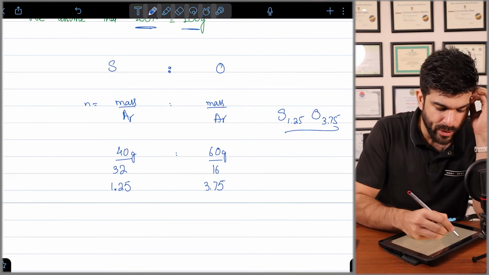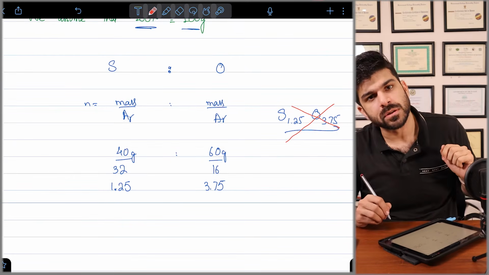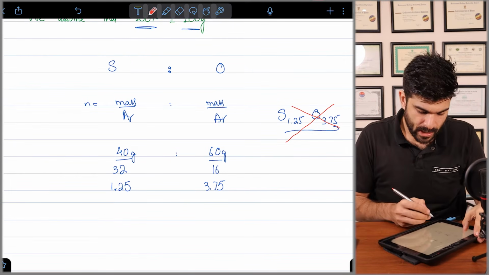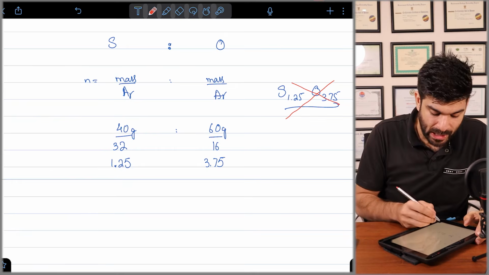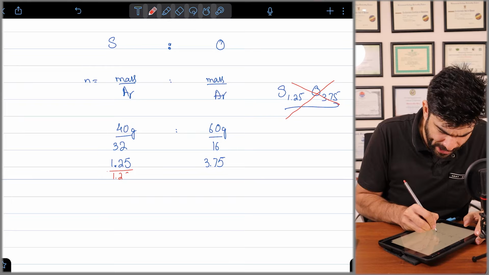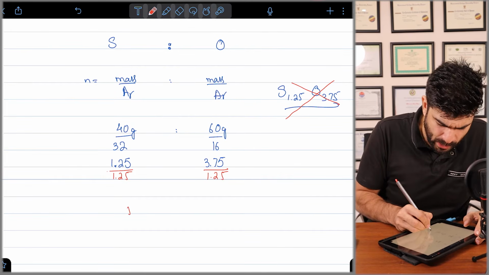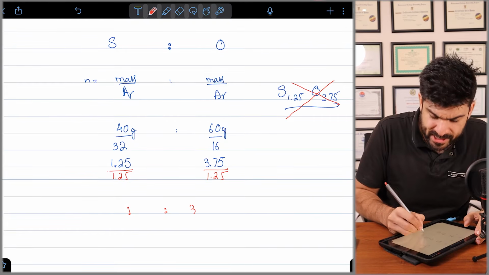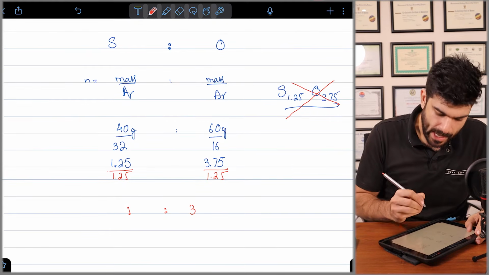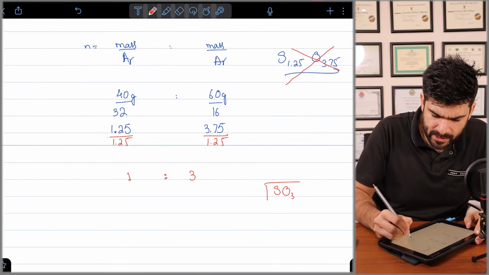This is a formula you would have never seen in your life. You always see formulas in whole numbers, so obviously that's wrong. So again, we divide by the smallest value. 1.25 is the smallest value, so we divide both by 1.25, and ultimately you will get a 1 to 3 ratio. And that is how the answer will be sulfur trioxide, SO3.